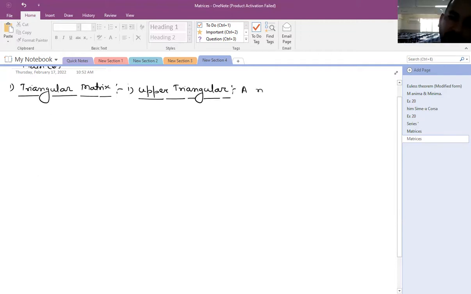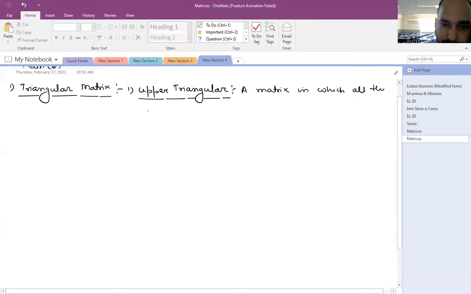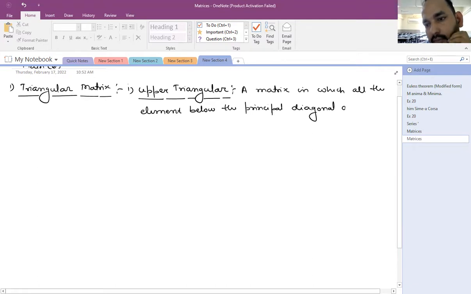So a matrix in which all the elements below the principal diagonal are 0 is called an upper triangular matrix.